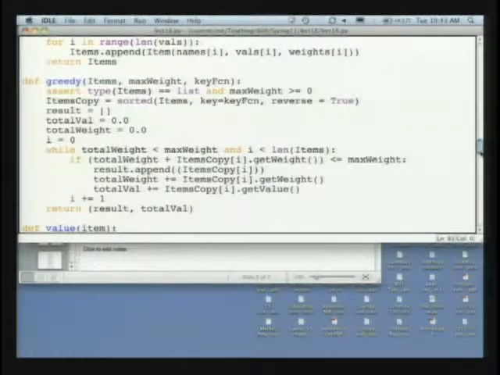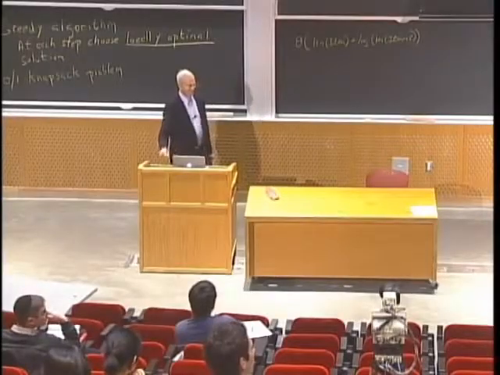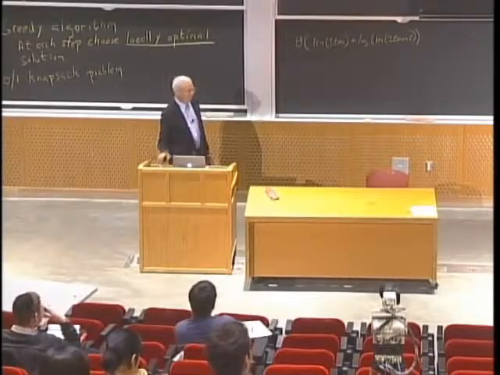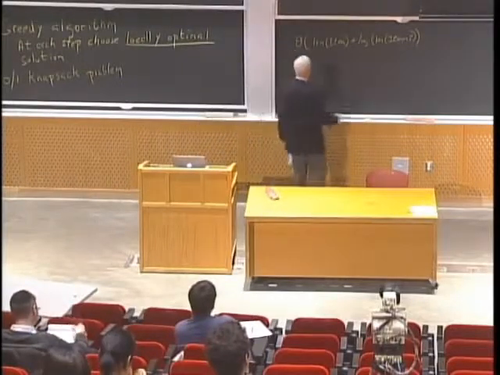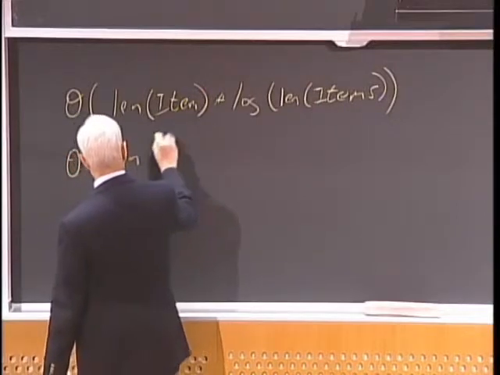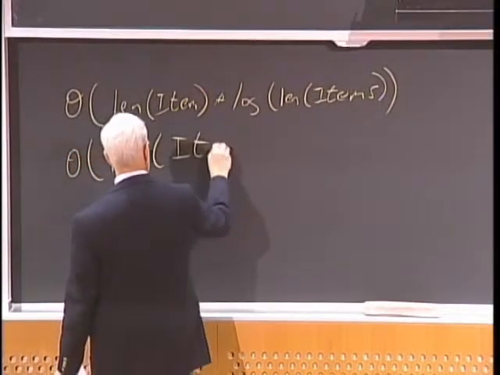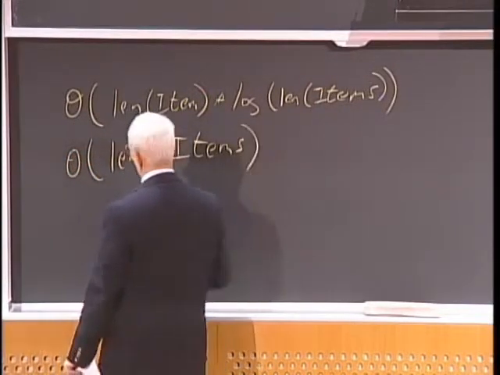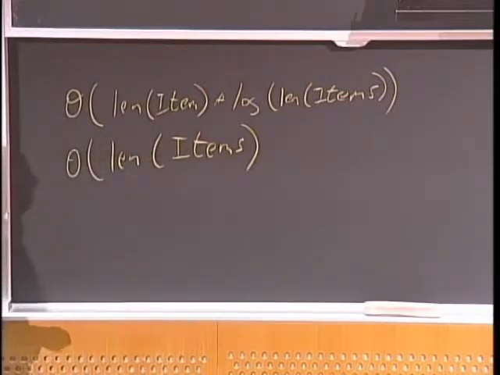Be a sport. Do it for free. Yeah? The length of the items. The length of the items. Well, we know this one is bigger. So it looks like that's the complexity, right?